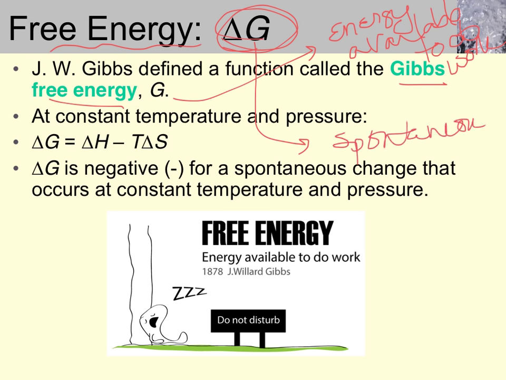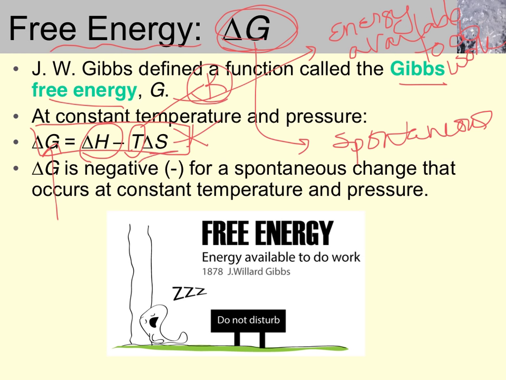So here's the holy grail of thermodynamics right here. That's an equation you will be using an awful lot. You need to commit to memory and understand it. It says that free energy, the amount of energy available to do work, equals the change in enthalpy for a process minus temperature in absolute Kelvin times the change in entropy.